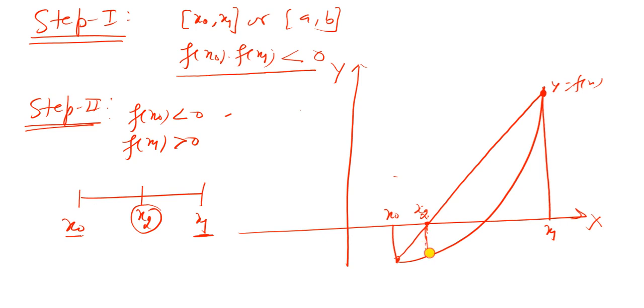draw a chord joining these two points, and this chord cuts the x-axis at this point, and this point is x3.